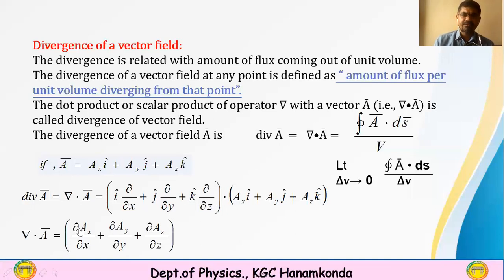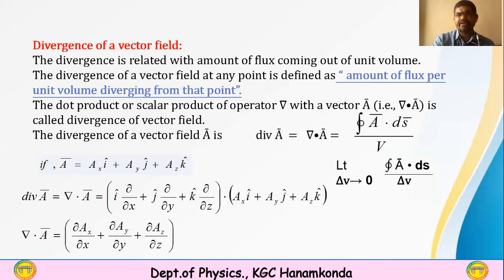We get dou AX by dou x plus dou AY by dou y plus dou AZ by dou z. This dot product gives us the divergence. Therefore, del bar dot A bar, that is the divergence of this vector A bar, equals dou AX by dou x plus dou AY by dou y plus dou AZ by dou z. This is the mathematical expression for divergence of a vector field.